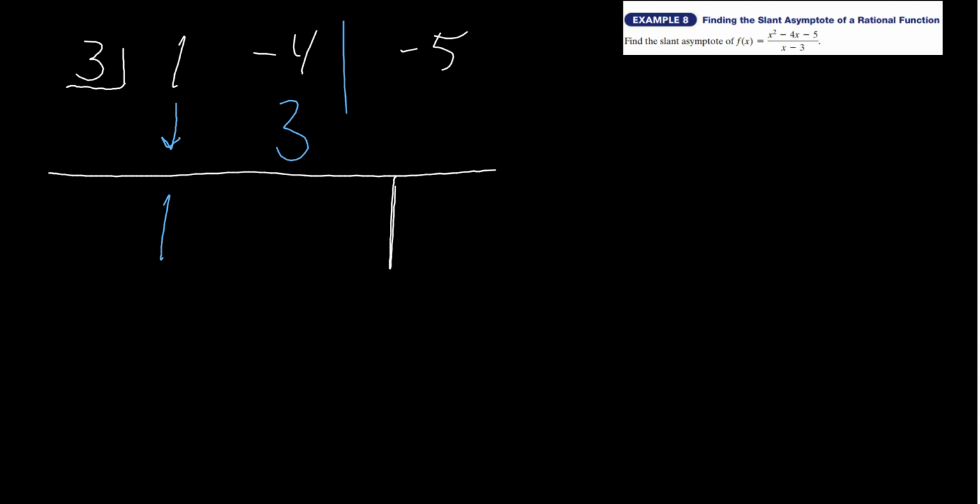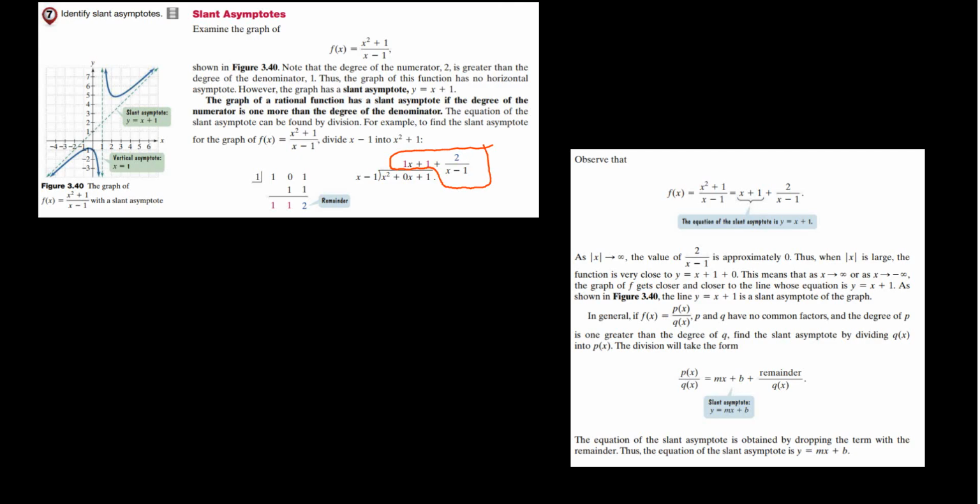Then you do the arithmetic here. Negative 4 and a positive 3 gives you a negative 1. Then you take negative 1 and multiply it by 3, so you get a negative 3. And then you do the arithmetic here. Negative 5 and a negative 3 is a negative 8. And we're done.